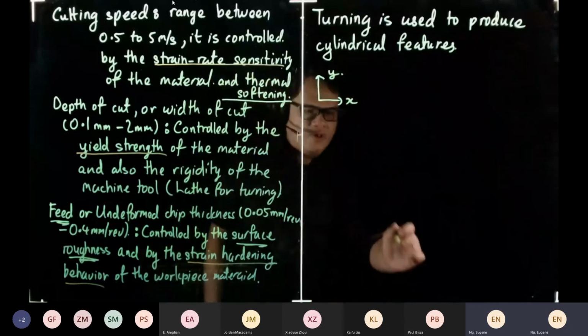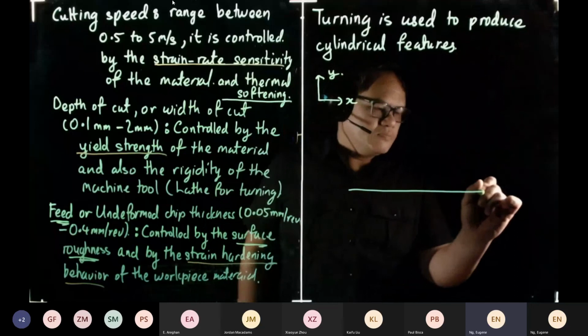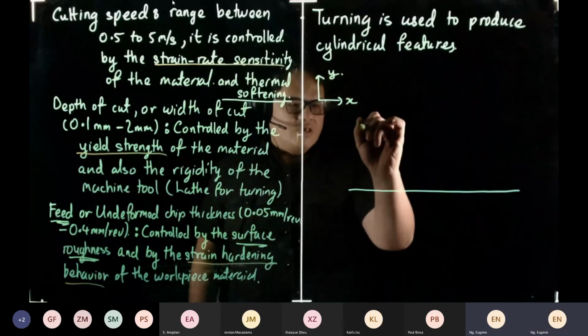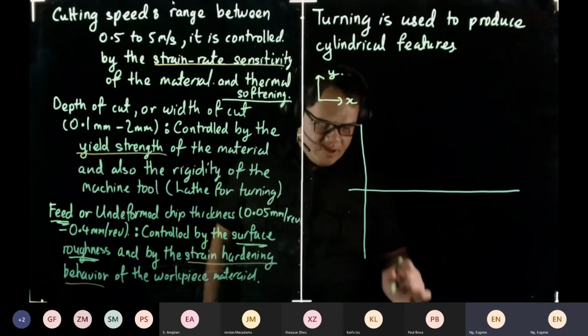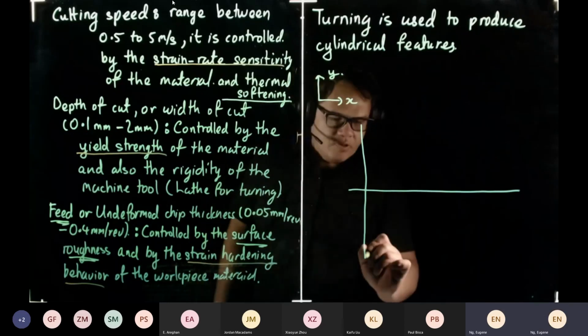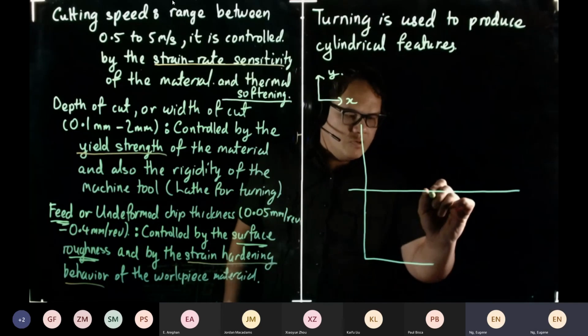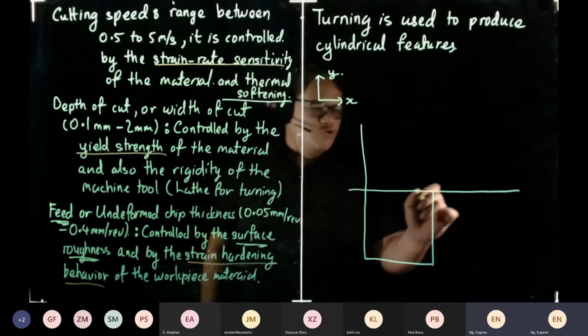Over here, this is my neutral axis again, and this is our workpiece. Then I'm going to draw our tool.